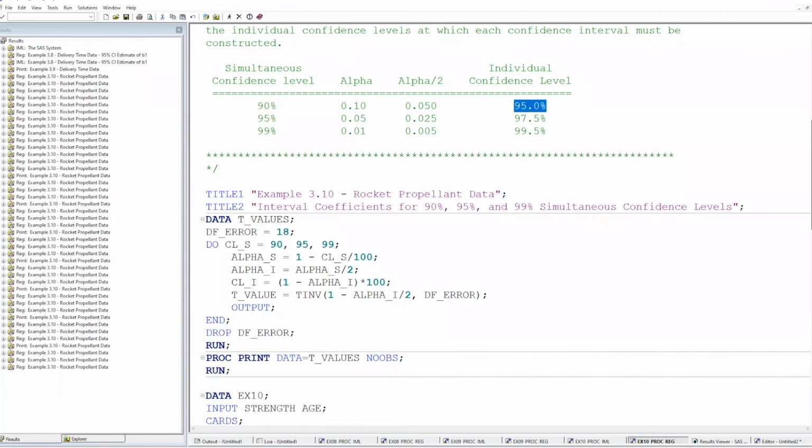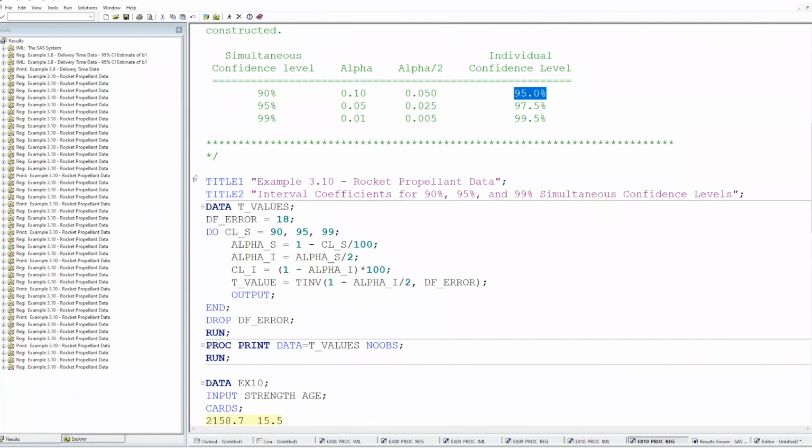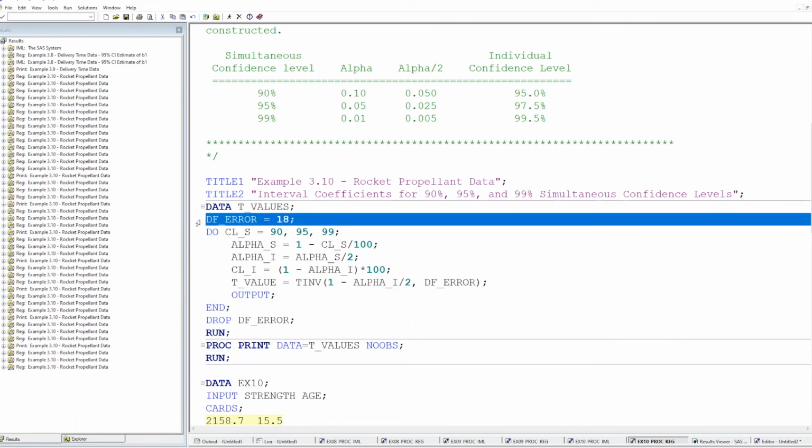Okay, so what I'm going to do first is create a data set. I'll call it T values. And this data set will contain the interval coefficients for 90%, 95%, and 99% simultaneous confidence levels. The degrees of freedom for error for this example is 18.